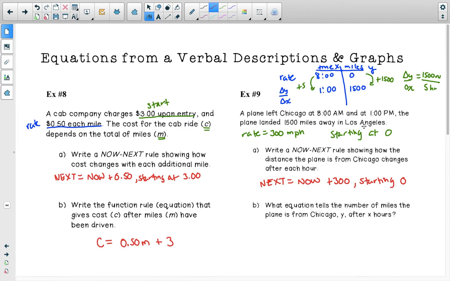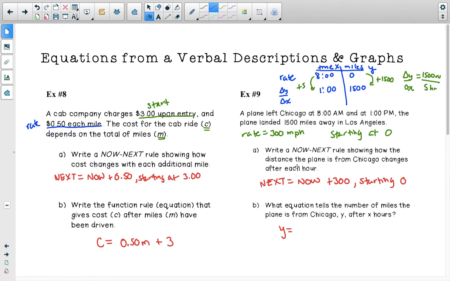in Los Angeles. So to write the equation using y and x, y is your distance, your number of miles, after x hours. We have y equals, because y is dependent on the number of hours, we use our rate to represent our slope, because remember slope is constant rate of change.